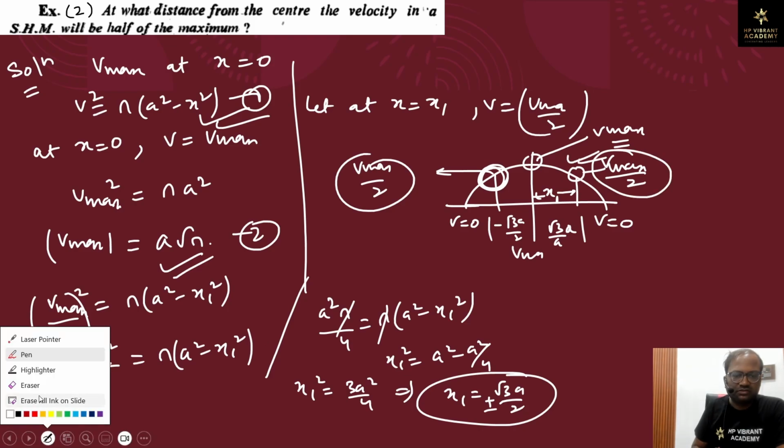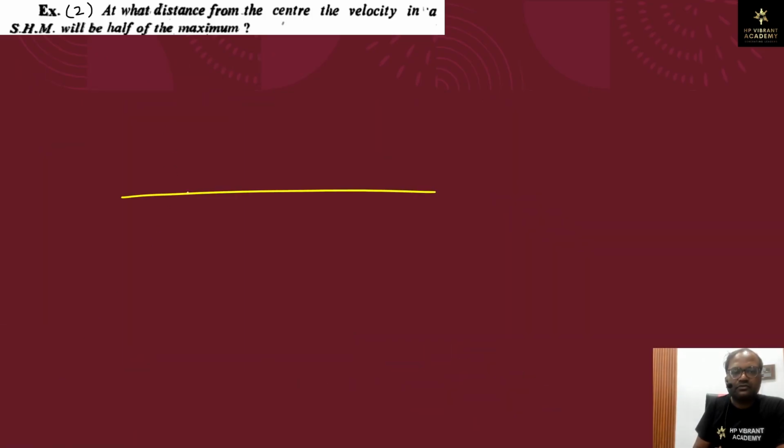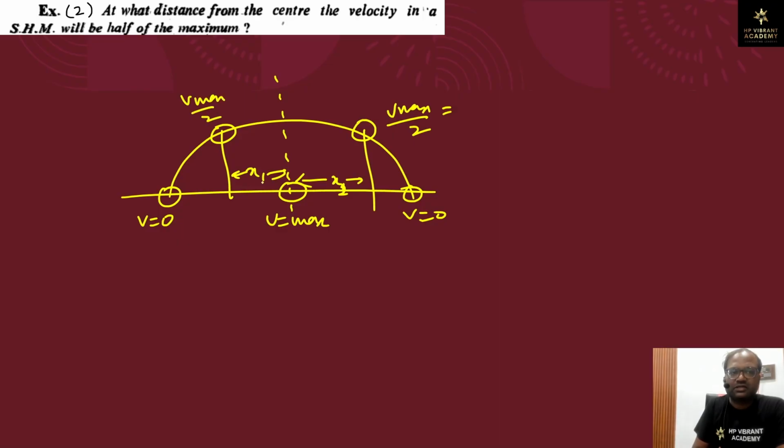So let us recall this. This is our center of force, and these are the extremities. Here v is equal to 0, at the center v is equal to maximum, and at the other extremity v is equal to 0. At x1 the velocity is v max upon 2, and on the negative side we also have v max upon 2, and this x1 is root 3a upon 2.